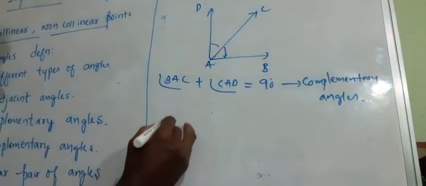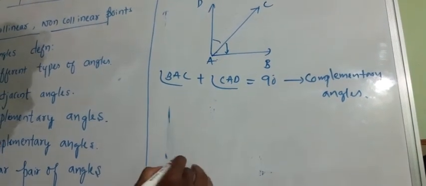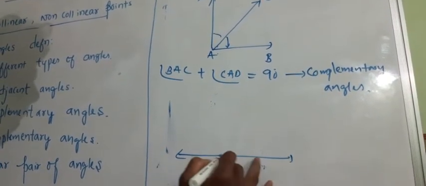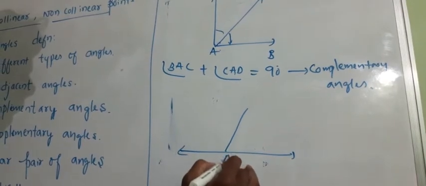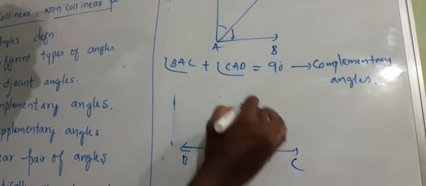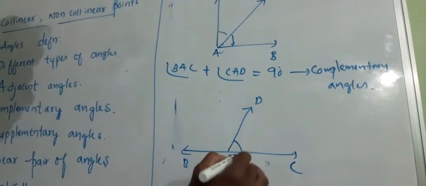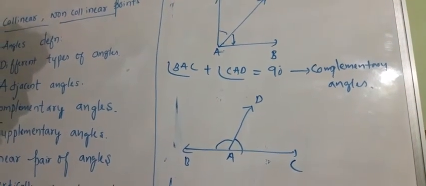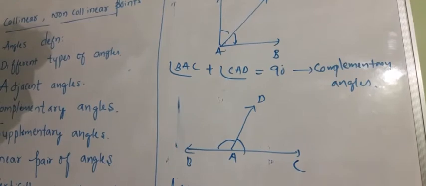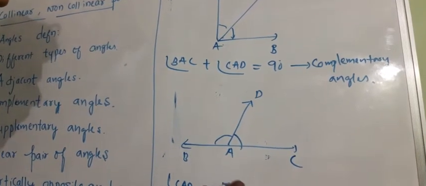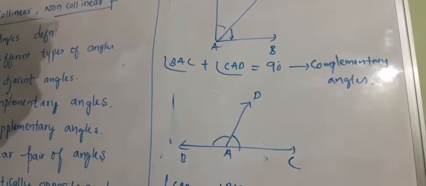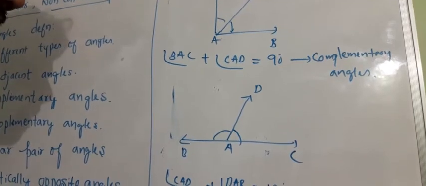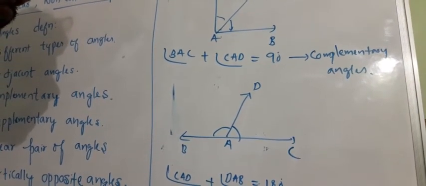Other case, A, B, C, D, if the sum of two adjacent angles, that is angle CAD plus angle DAB, is equal to 180 degrees, then we call them supplementary angles.